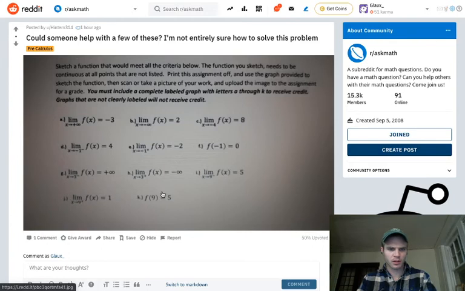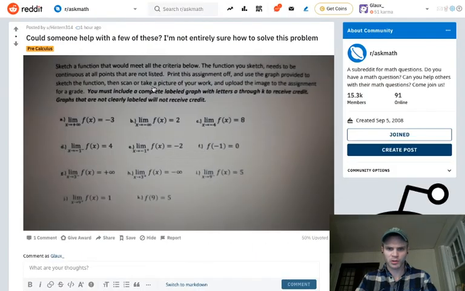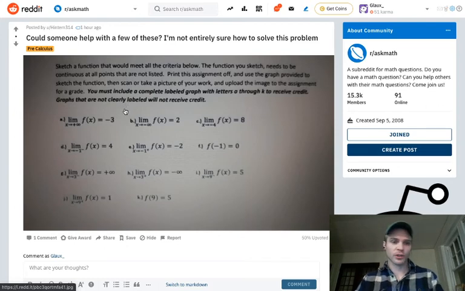And then -4 goes to 8. So it doesn't say that it's defined there, so we'll just leave it an open circle. But since it has to approach it from both directions, we need it to go there from the left as well. It doesn't necessarily have to be defined though.